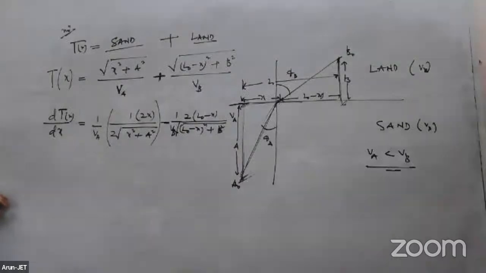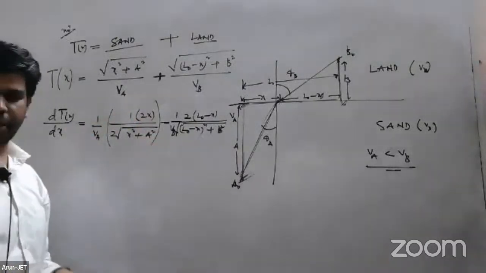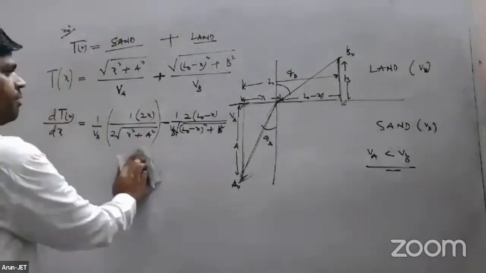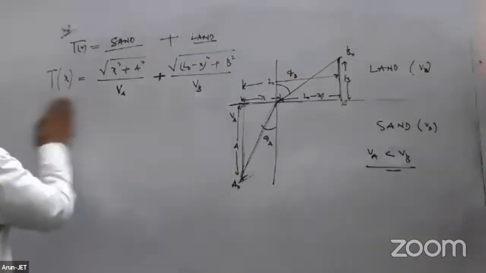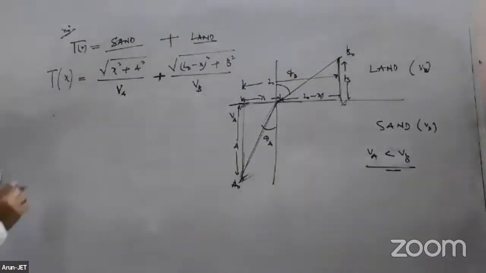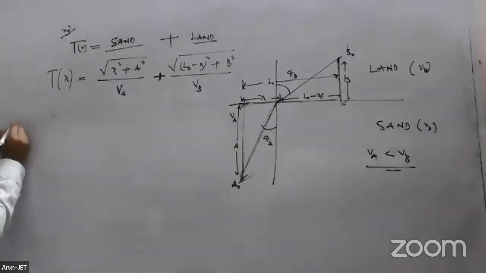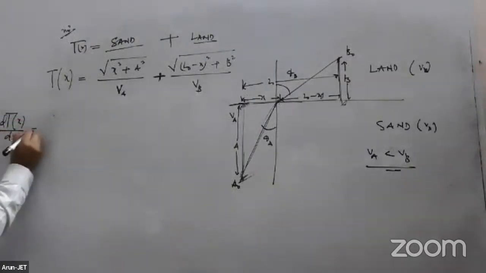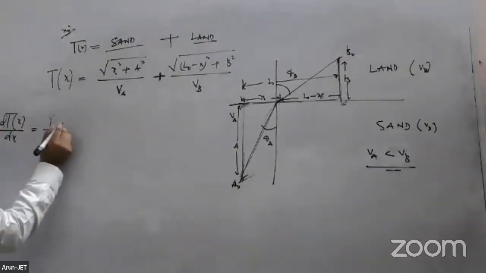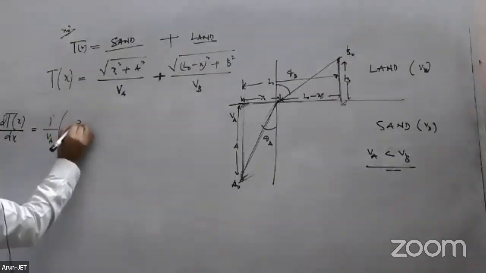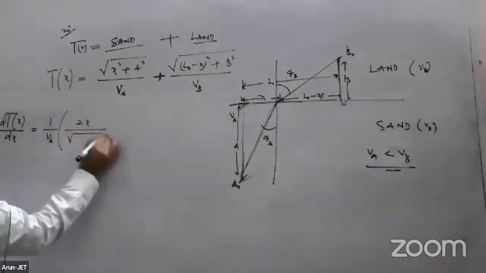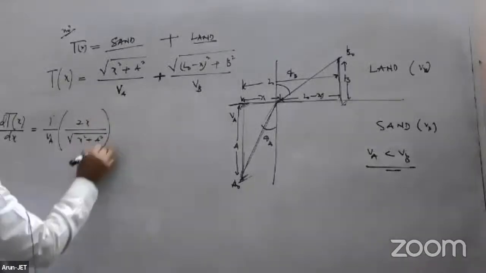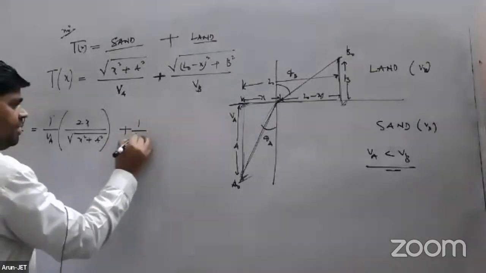Is it clear, students? It is a little congested, is it understood by everyone? I'll write it again neatly. dt/dx is 1 by VA, 2x by 2 into under root x square plus a square, plus 1 by VB.